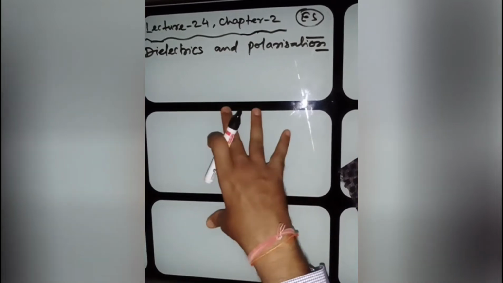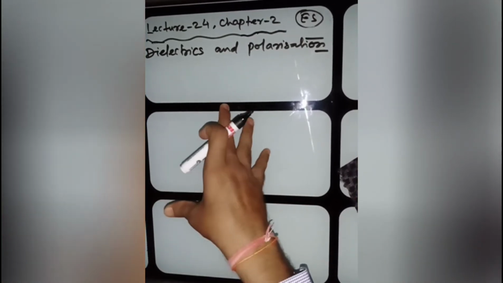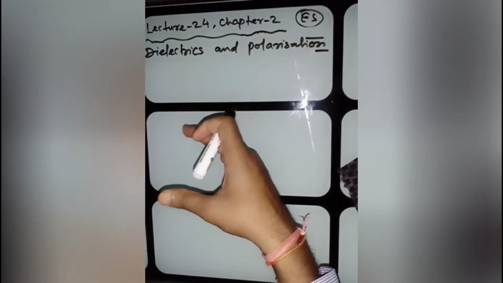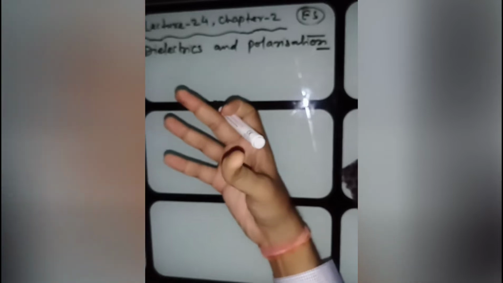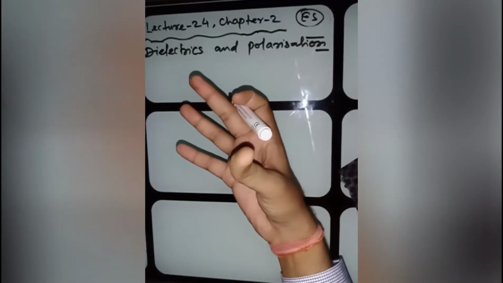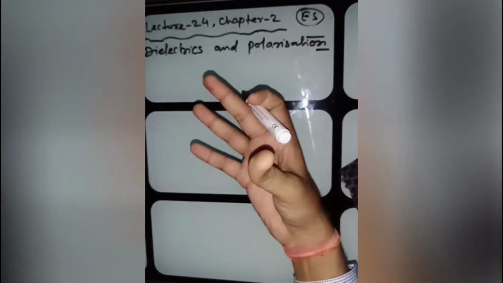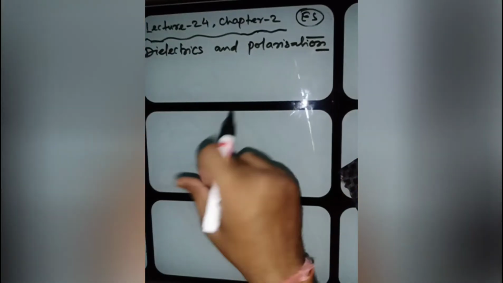So today we'll study the dielectric, and after that we'll move to how this dielectric increases the capacitance. Of course, if the dielectric material increases the capacitance, it will decrease the potential, because we have already studied that only by decreasing the potential can we increase the capacitance.